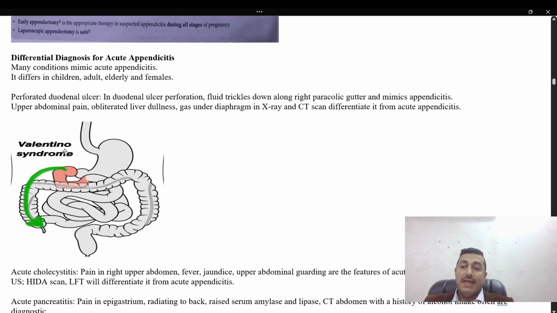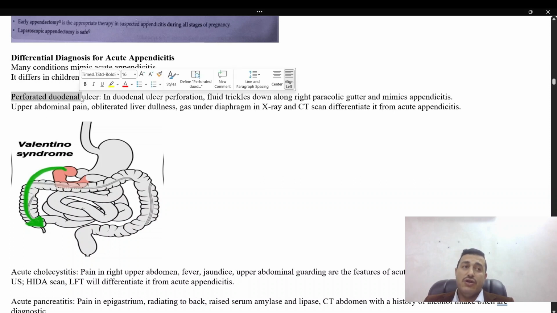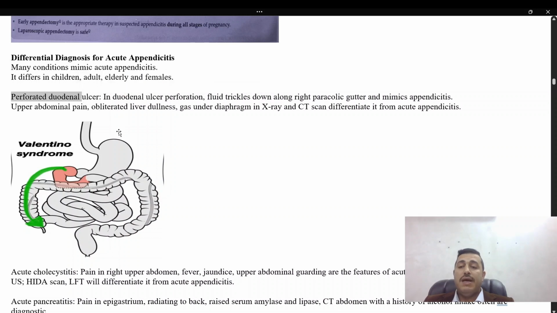About the differential diagnosis of appendicitis, it is a wide spectrum. Actually, this depends on the gender, is it male or female, and on the age, is it a child, adult, elderly, etc. One of the differential diagnoses is perforated duodenal ulcer, as both are emergencies that present with abdominal pain.